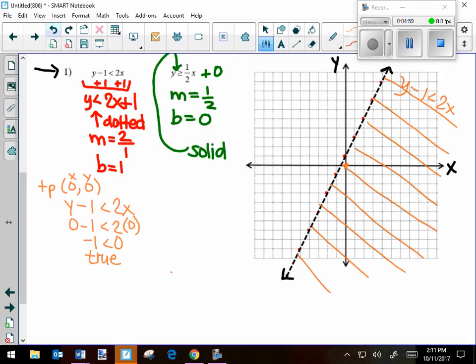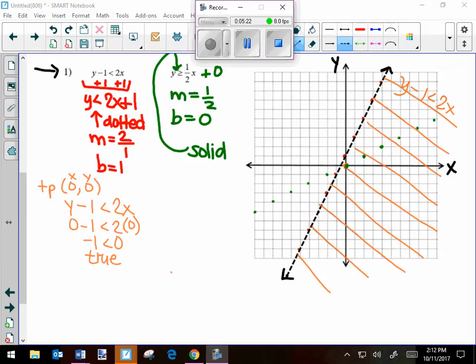So I'm going to go to 0, 0. And then I'm going to move up 1 over 2, up 1 over 2, and you can see I'm making those points on my graph, and you can go down 1 to the left 2 as well. And then I want to draw that line. And again, if we're drawing that line, please remember, it is going to be a solid line in this case.